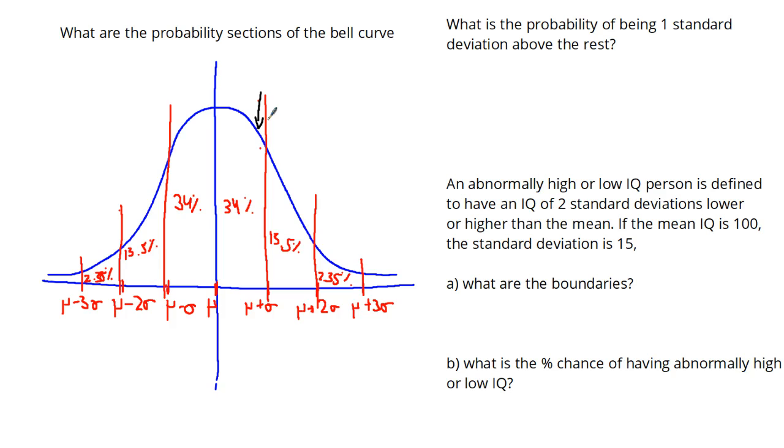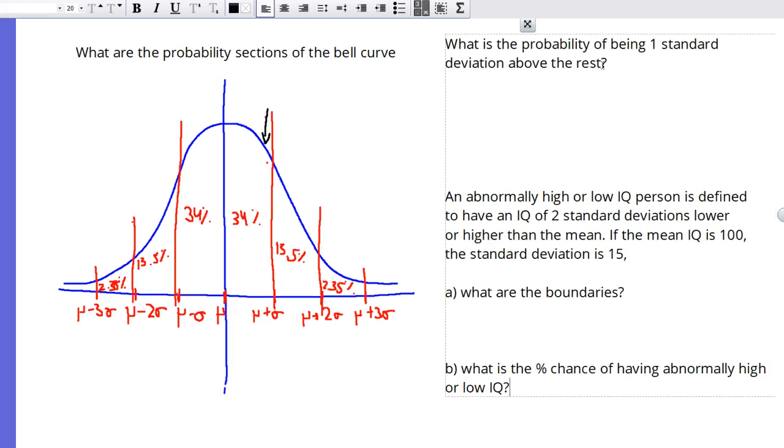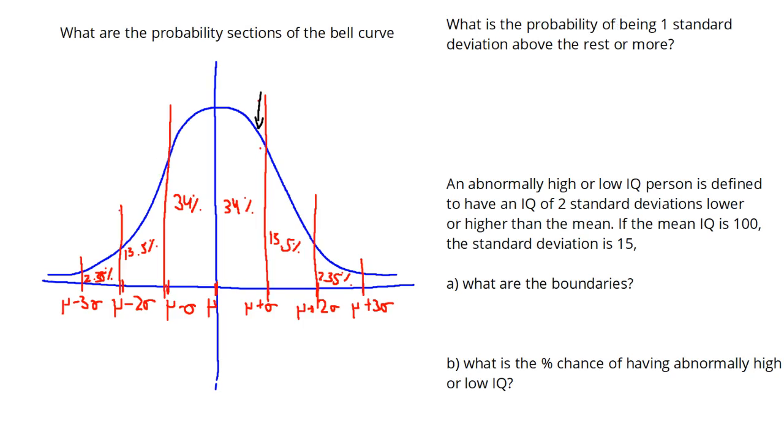So the probability of being one standard deviation above the rest, right? The probability of being one standard deviation above, this is a bad question, because the answer is 0, but above the rest or more, I should say. So what's the probability of being one standard deviation above the rest or more? Well, let's see. We know that the center is 50%. So being one standard deviation above the rest or more means you're here or better.